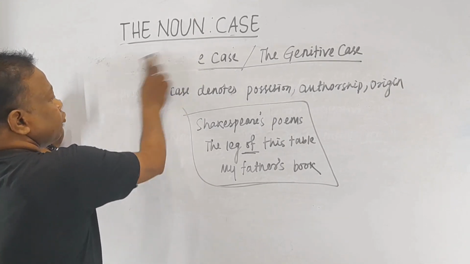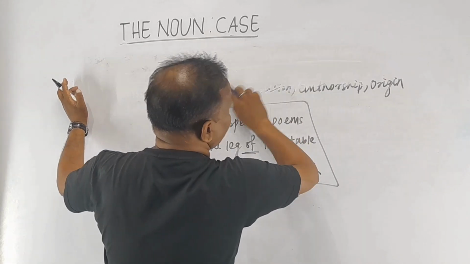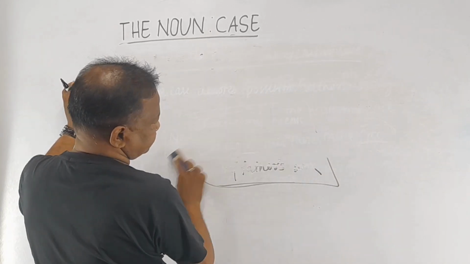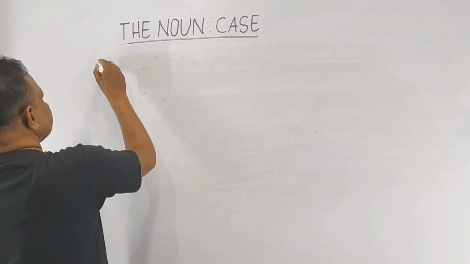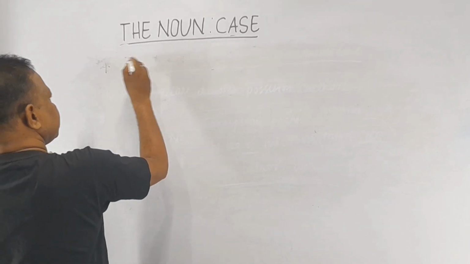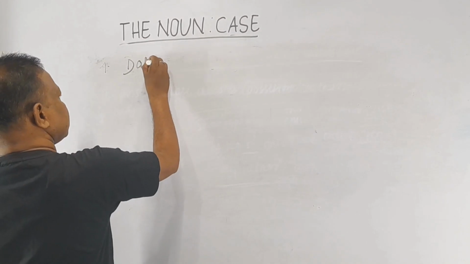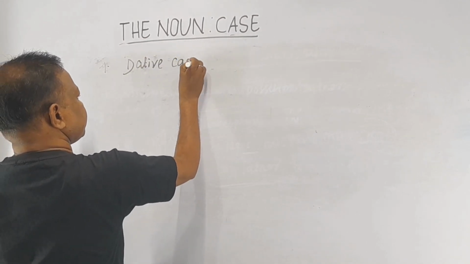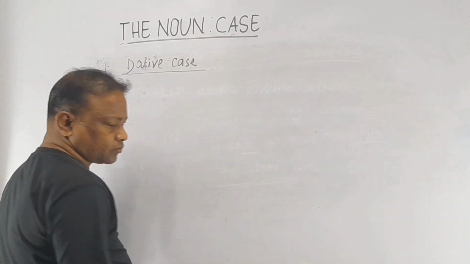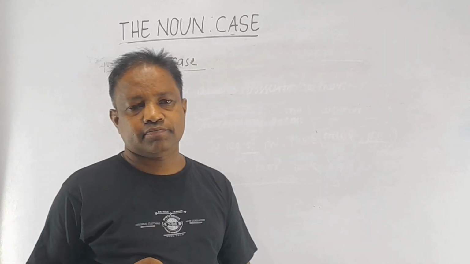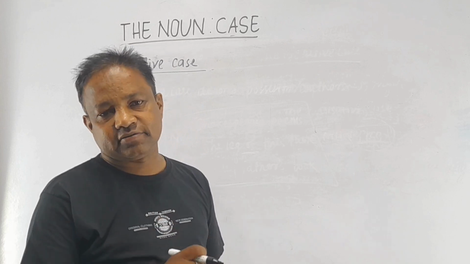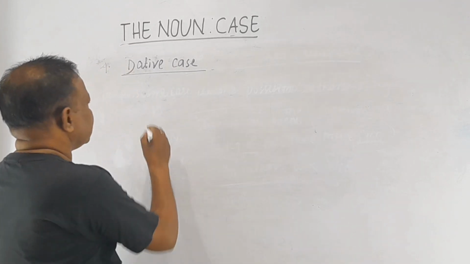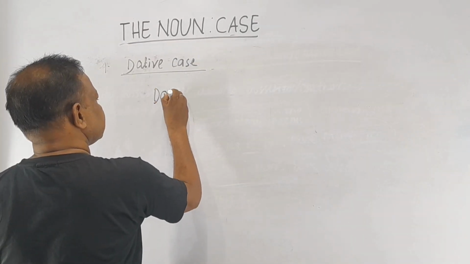Next one is number 4. Number 4 is dative case. Very simple thing. The dative case refers to or denotes the indirect object of a sentence.